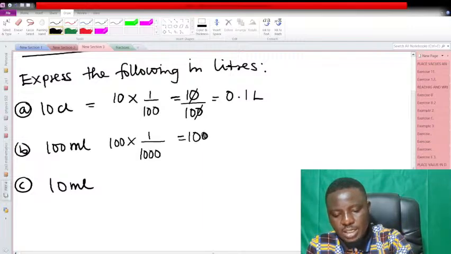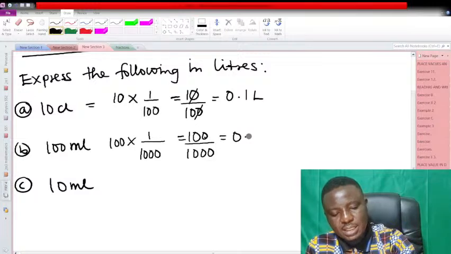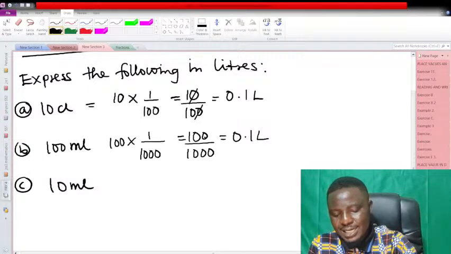This is 100 divided by 1,000, which is still the same thing as 0.1 liters, because this gives you 10. This will cancel this, and it's 1 over 10, and this is the 10th place value.